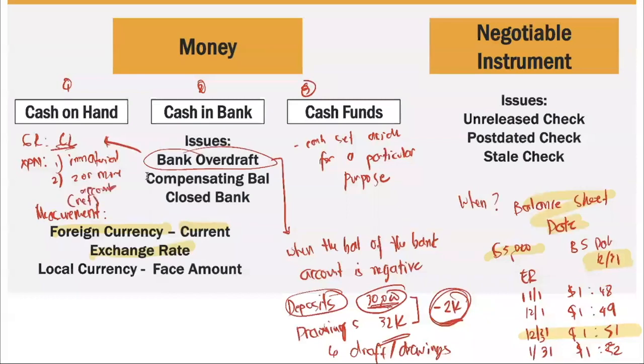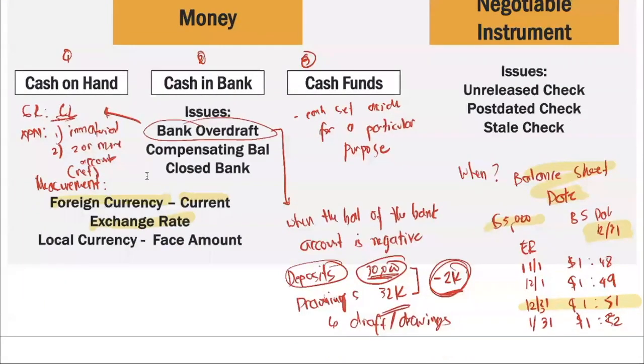You net it. So for example, cash in bank, BPI, 300,000. Cash in bank, PNB, negative 2,000 pesos.